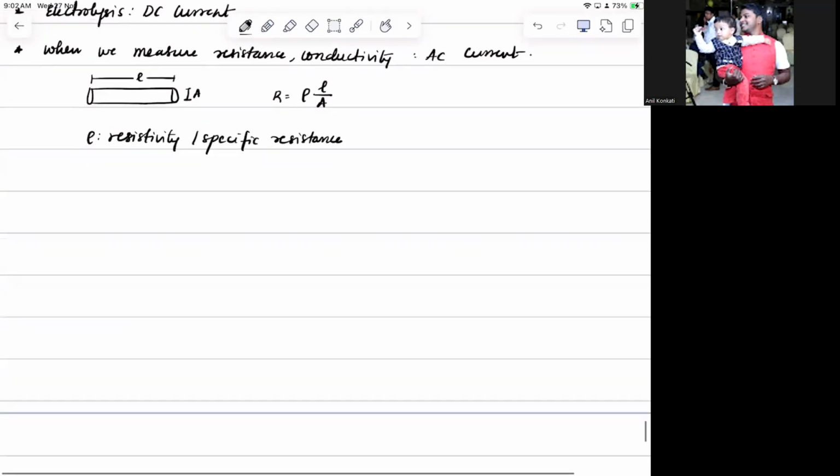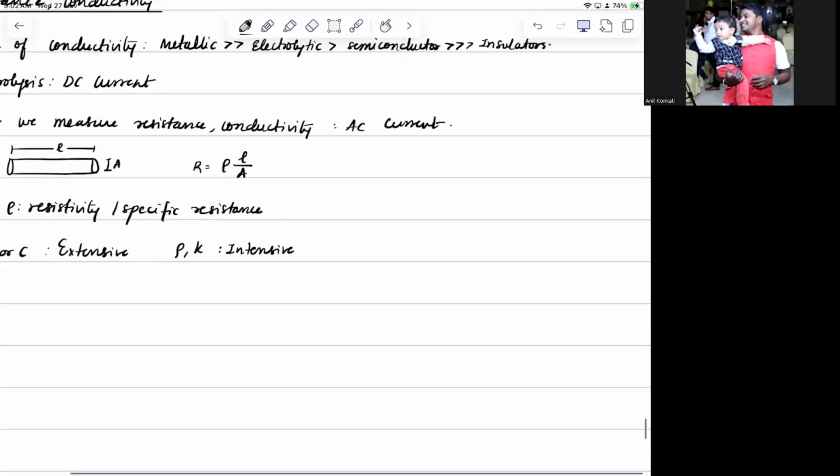Clear? And R and G, which is called G or C (in NCERT, G is used as conductance), these two are extensive properties, while rho and kappa are intensive properties.